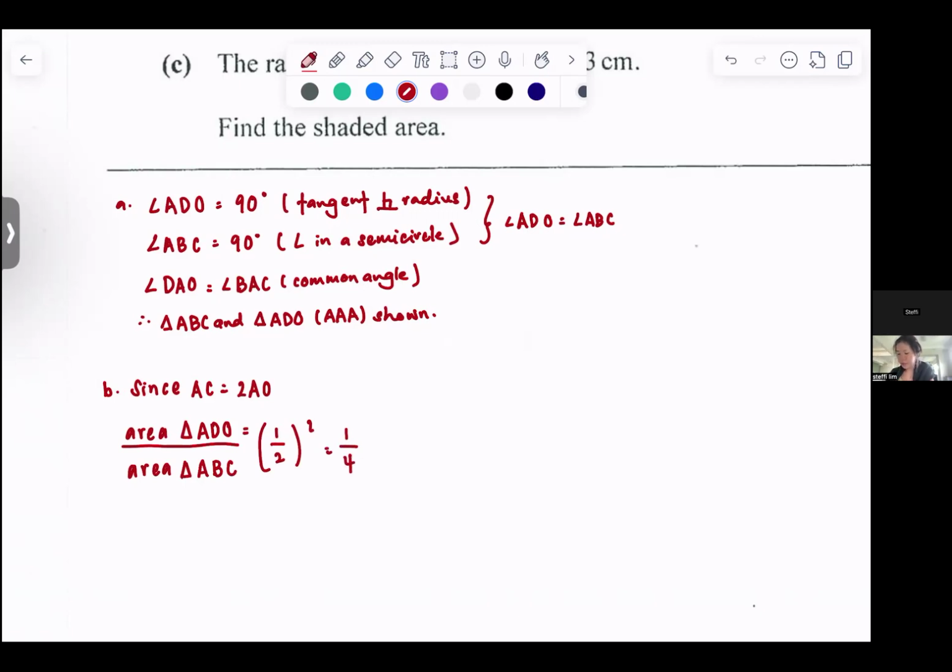Essentially, area ADO is 1 unit and area ABC is 4 units.